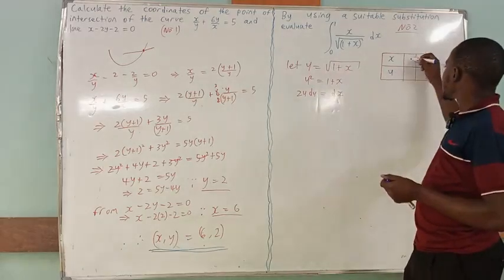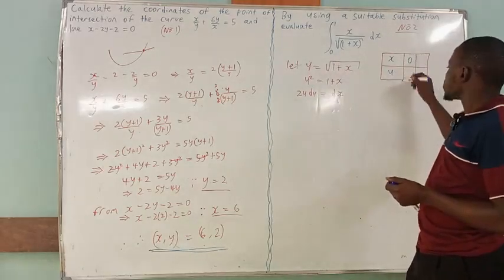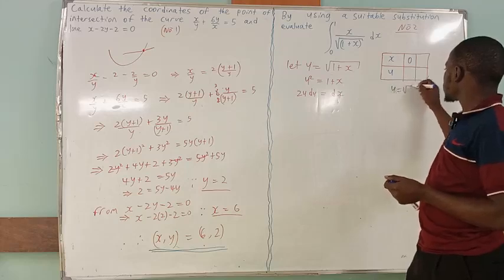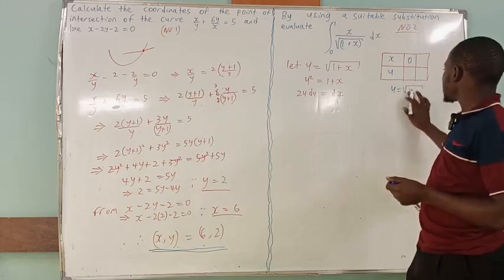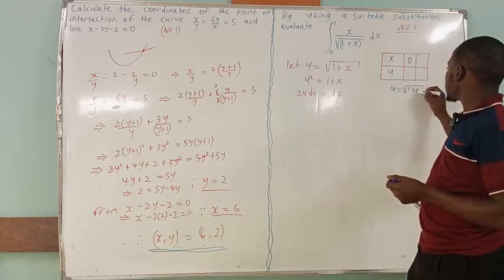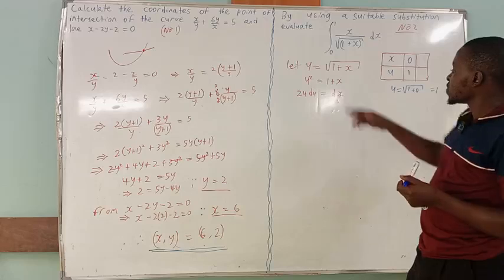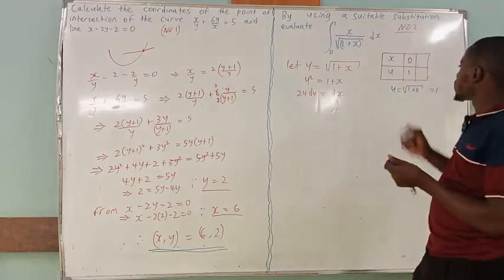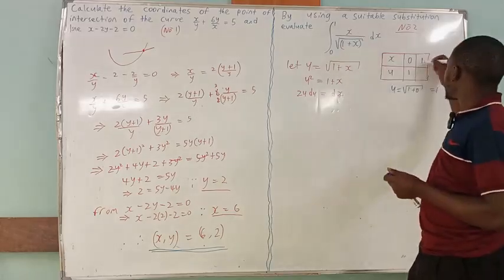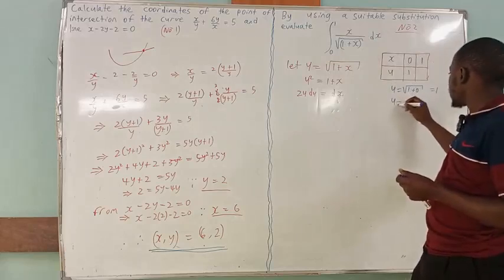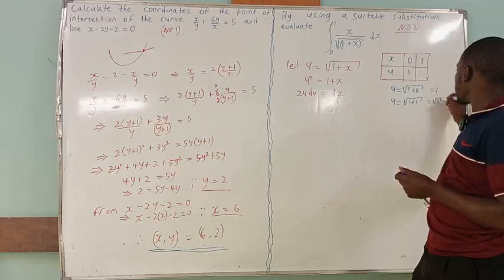So if x is 0, what is the u? u is going to be root of 1 plus 0, which is 1. So if x is 1, what is going to be our u? Our u is going to be root of 1 plus 1, which is root of 2.